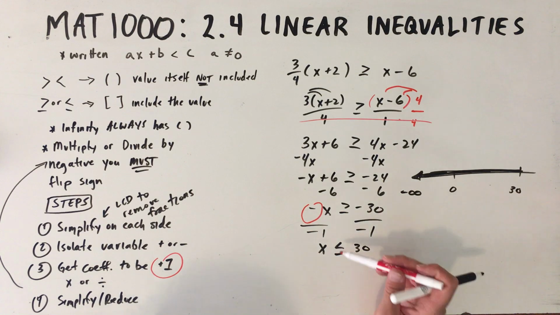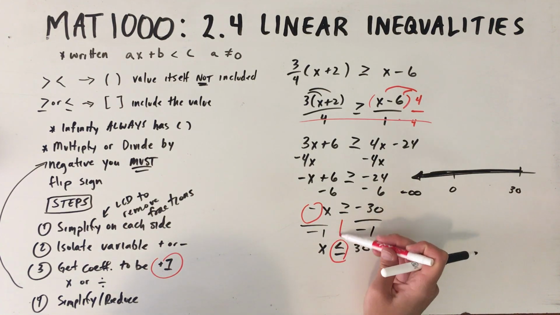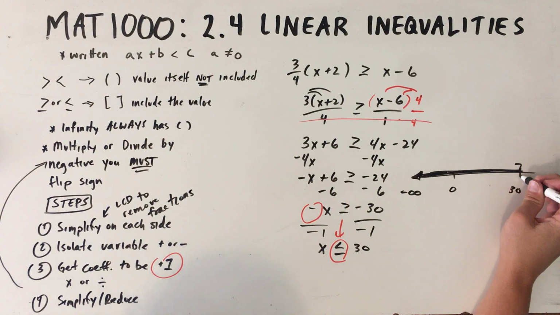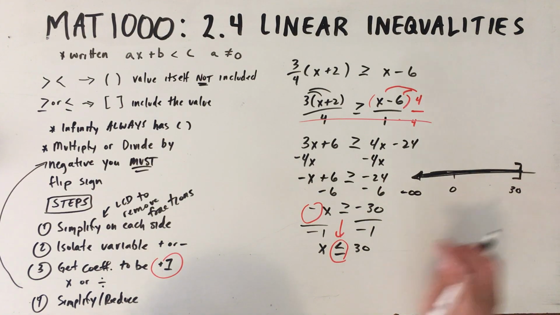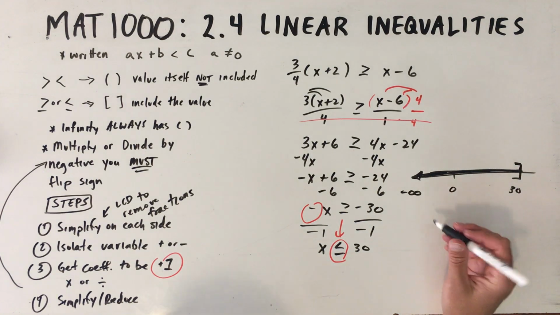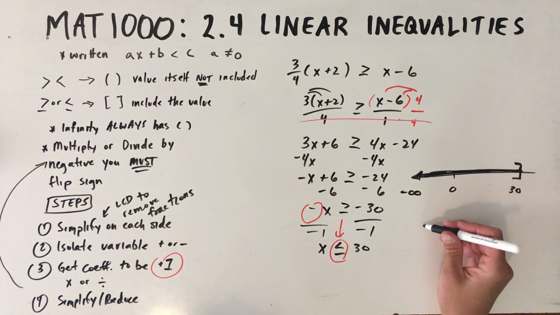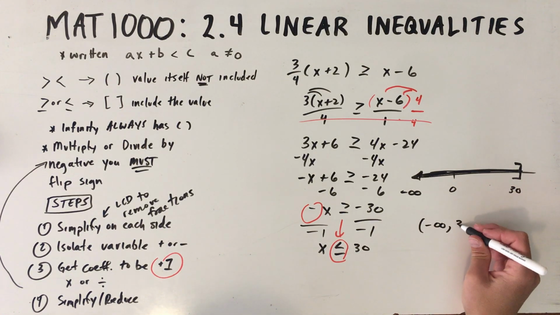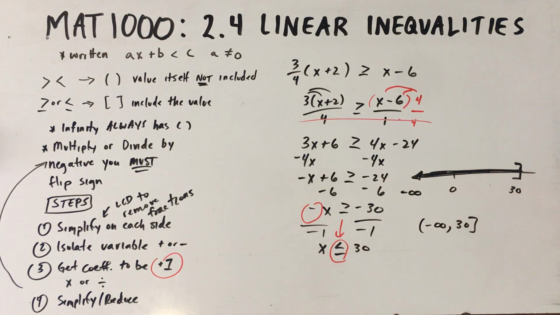This has an equal to sign, and we did remember to flip that, so we know it's pointing the right direction. And it includes that value because there's an equal to. So here's my graph and my interval notation reading from left to right. I'm going to say I'm taking all the values from negative infinity to a positive 30, including that 30.